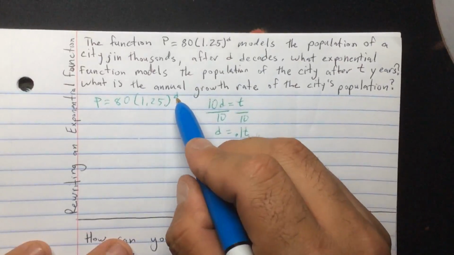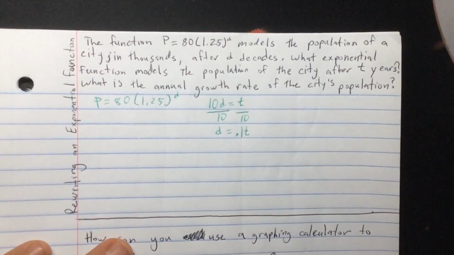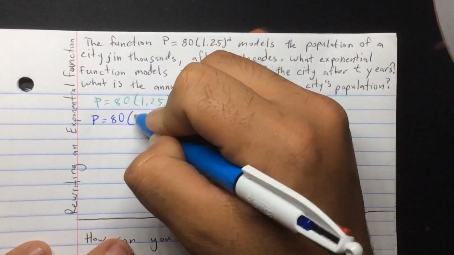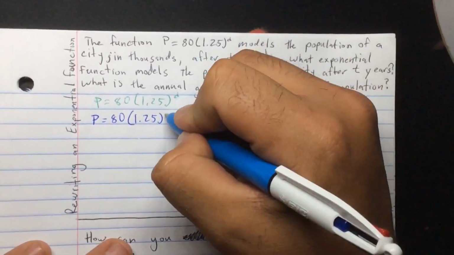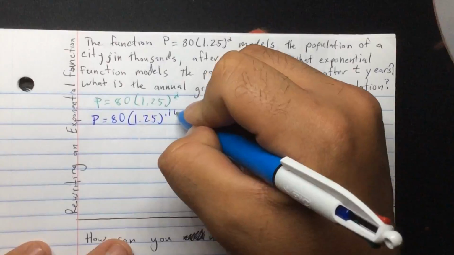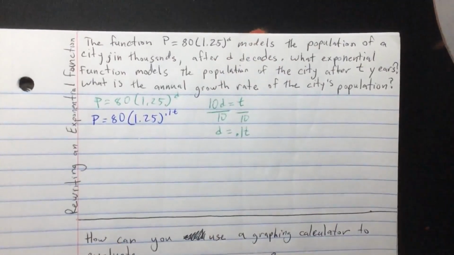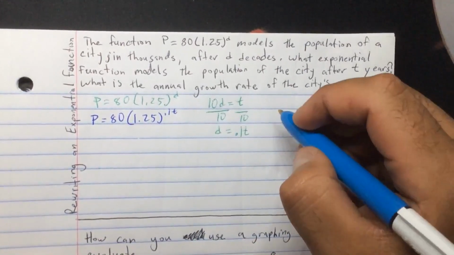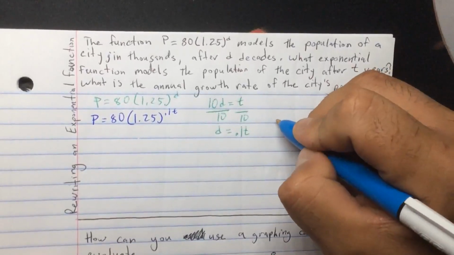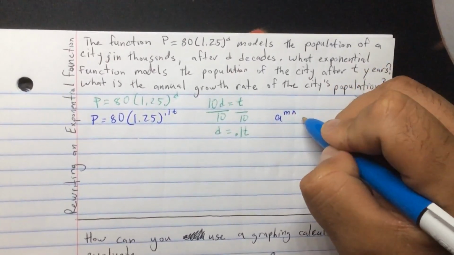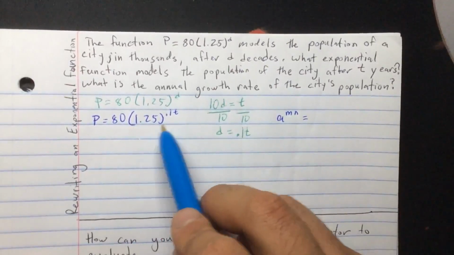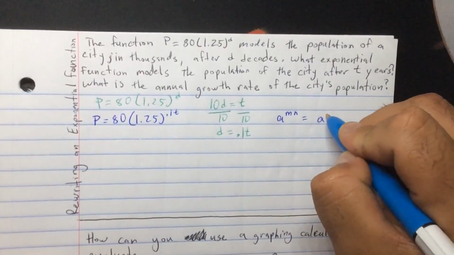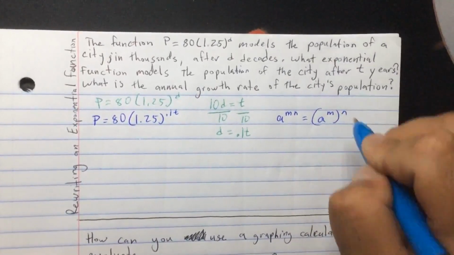So we're going to substitute that in here, so go ahead and do that in blue now. We have P equal to 80 times 1.25 to the 0.1T. In order to do our growth model, we can't really use this, but what we can do is use the power rule: we have A to the M to the N, and we can change that to A to the M, to the N power.